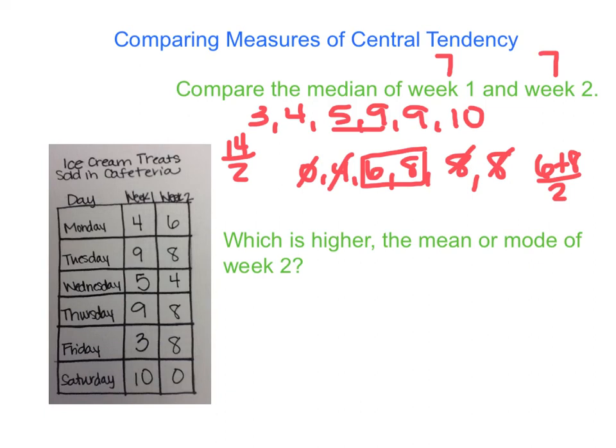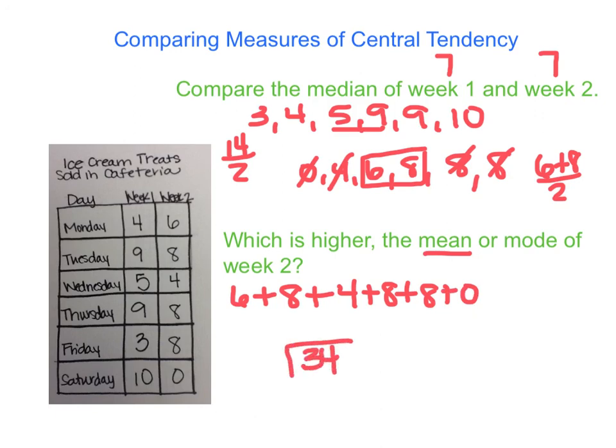The second type of question might look something like, which is higher, the mean or the mode of week 2? So this time I'm only going to look at my numbers from week 2. The first one that I need to find is the average of week 2, because that's your mean. So you add those up: 6 plus 8 plus 4 plus 8 plus 8 plus 0, which I added up before, and it was 34.